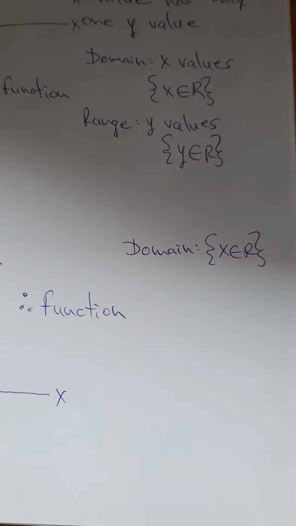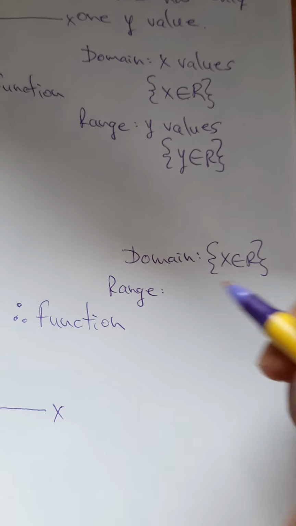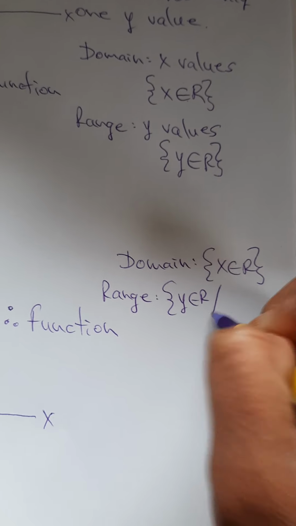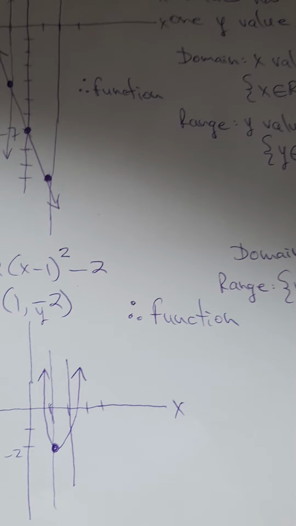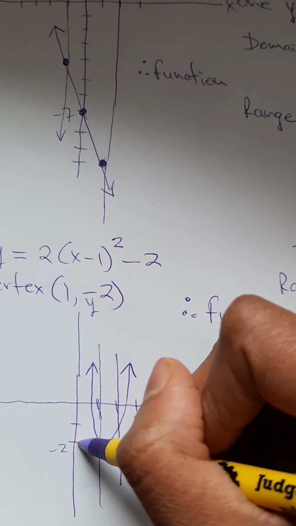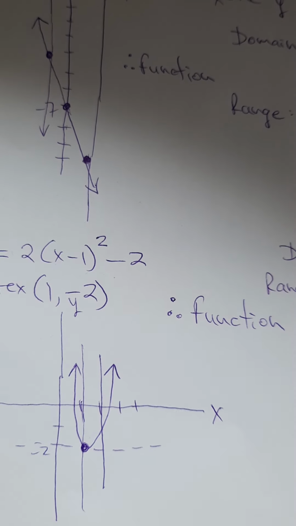This is the domain. However, when you do the range here, you do not always write all real numbers. If you look at the range for this function, I'm going to draw a dotted line here, like this.